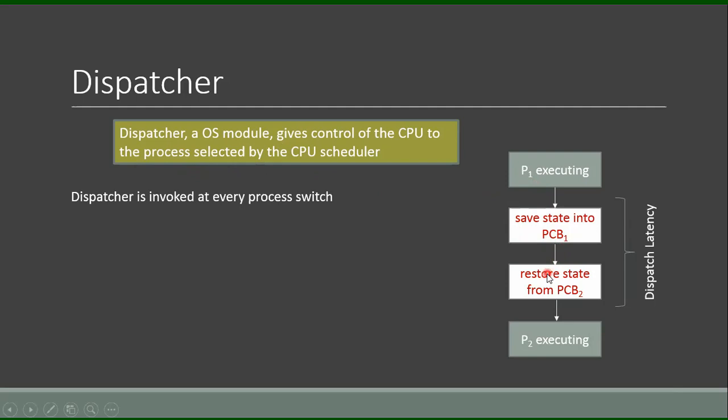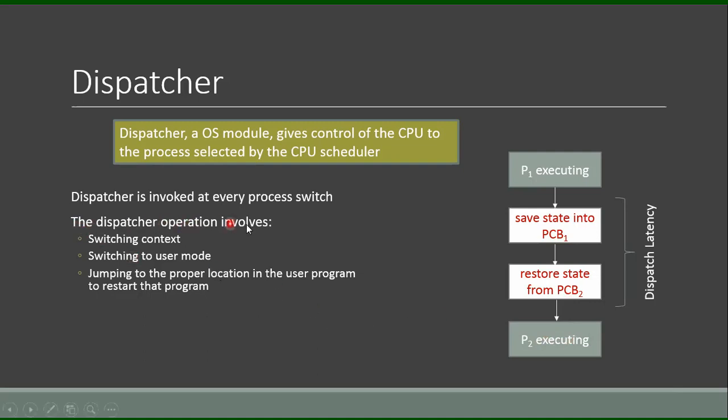After this, the dispatcher will restore the state from process control block 2. So the dispatcher will load the process control block for the process P2. And after this, process P2 will be executing.